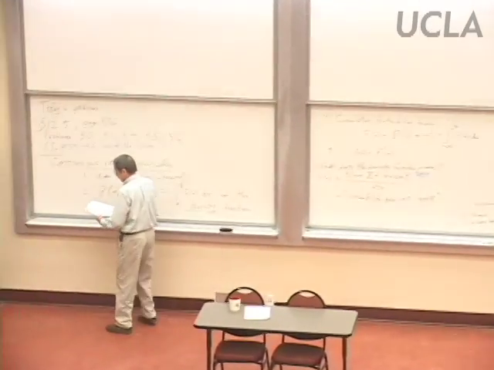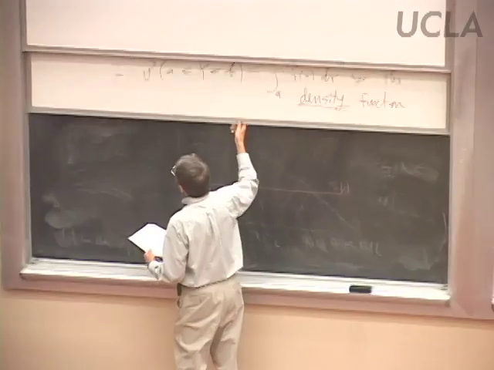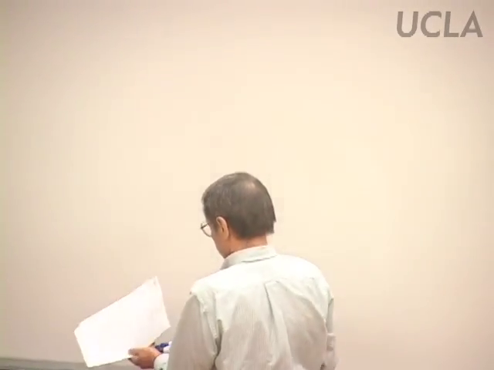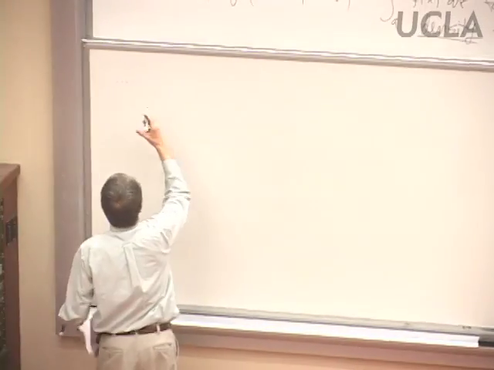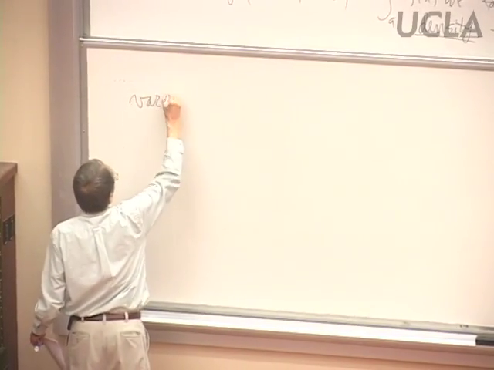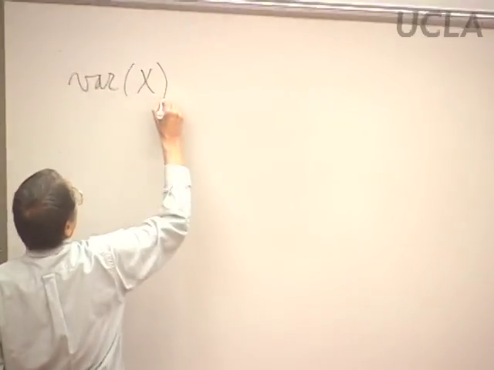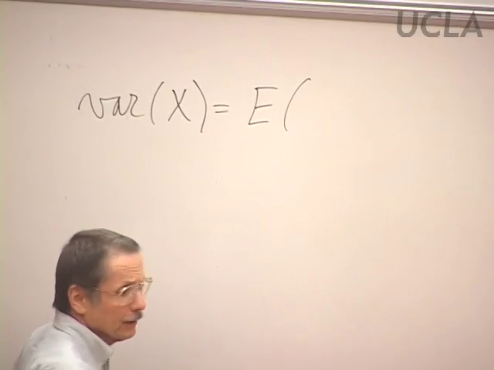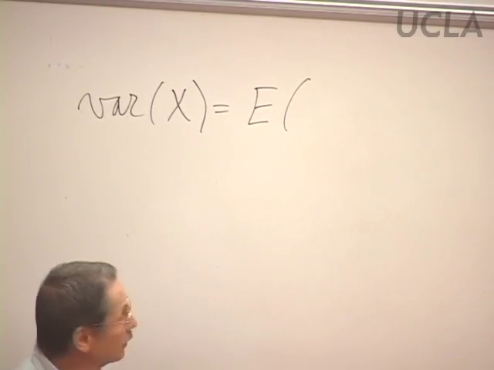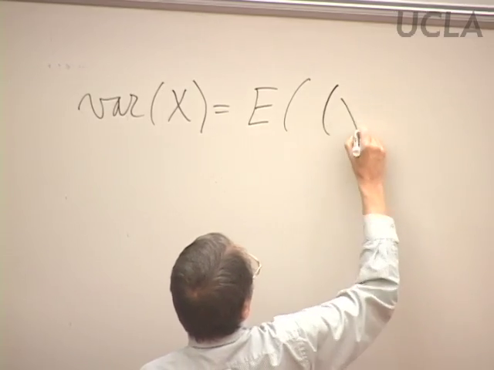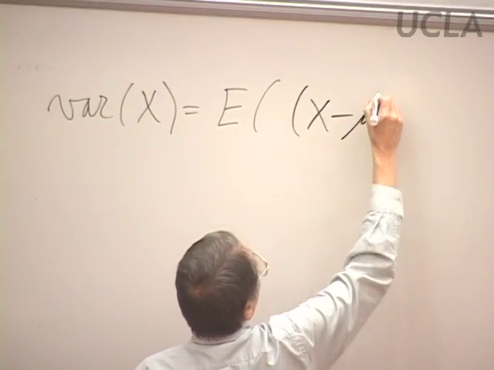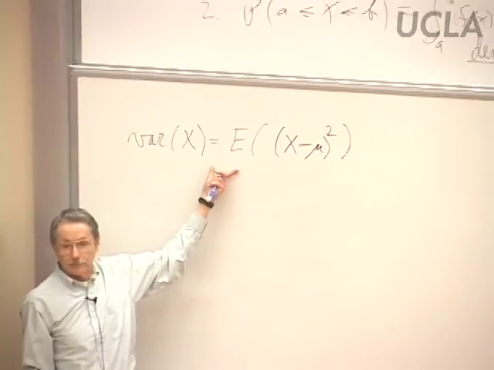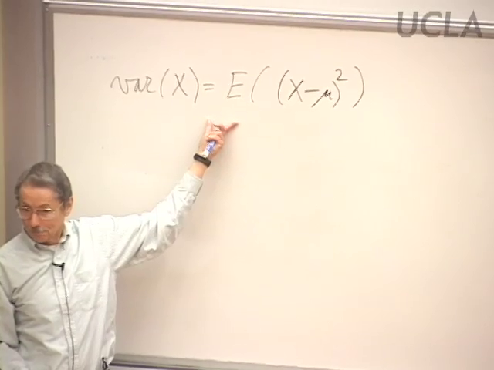Now what about the variance? The variance for the random variable, well, there's no change in the definition. It's the expected value of a related random variable, namely x minus mu quantity squared. This is the same as before, right?